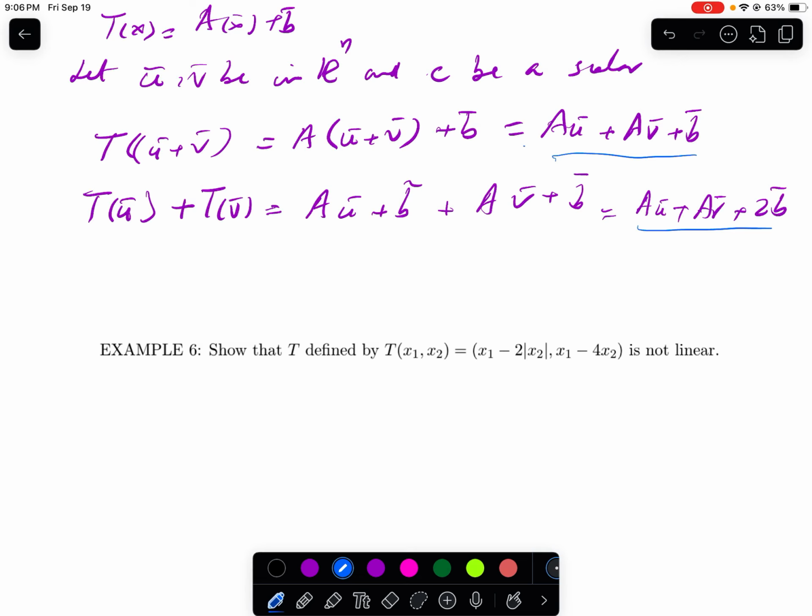So we say that T of u plus v is not equal to T of u plus T of v.